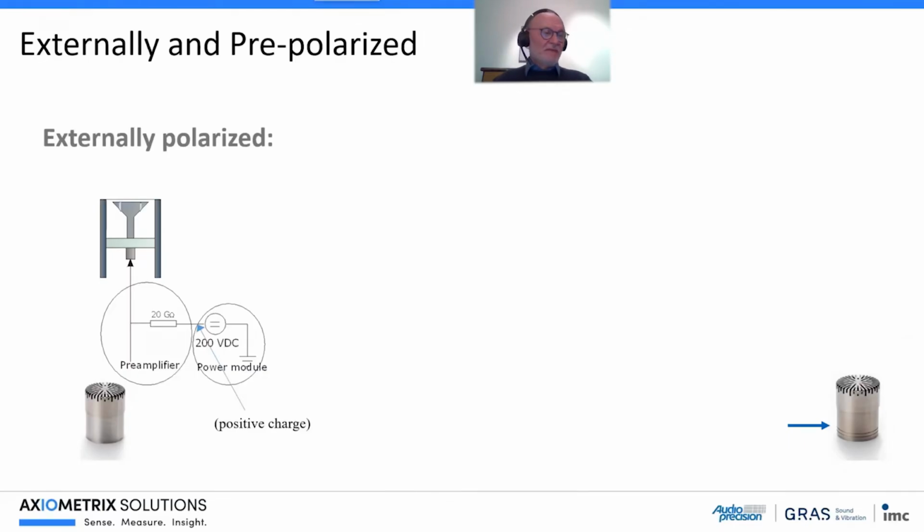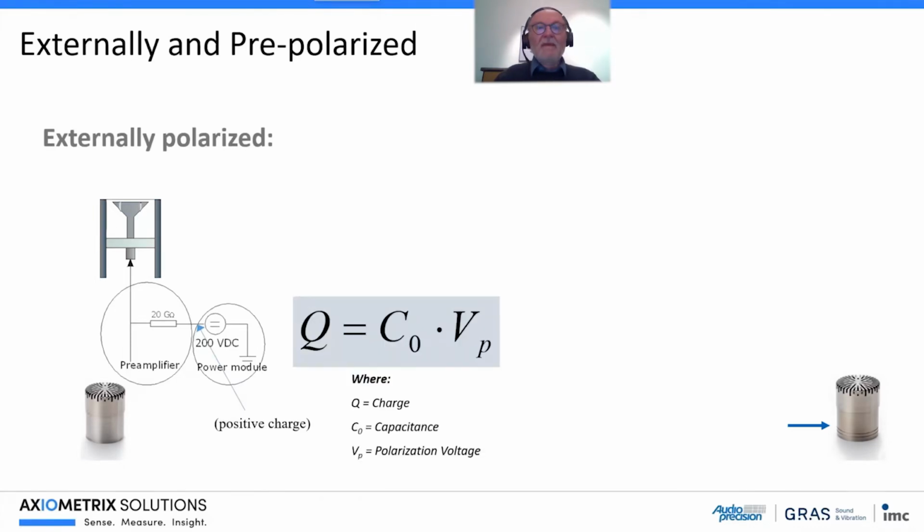In our preamplifier, we have a high resistor, 20 gigaohm in this neighborhood. This 20 gigaohm resistor will work as a constant current generator, charging the capacitor in our microphone. And the formula is that the charge on the microphone is equal to the capacitance times the voltage.